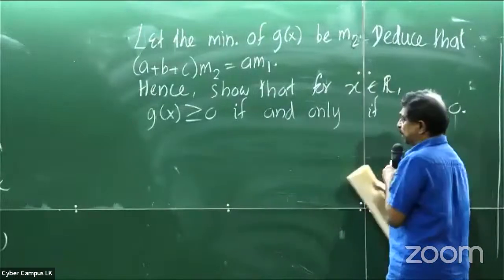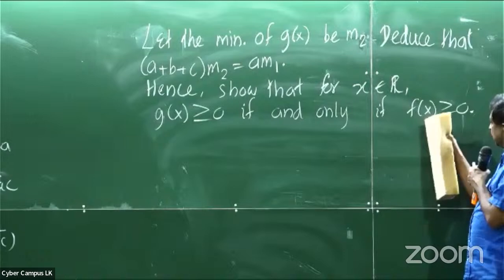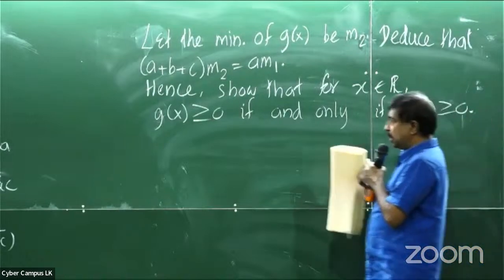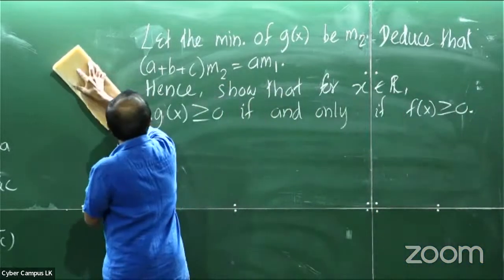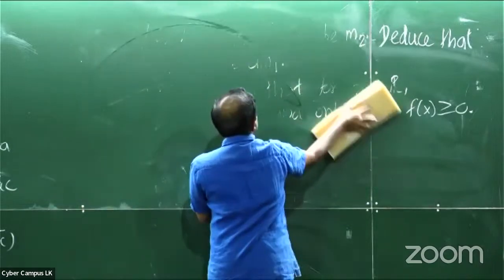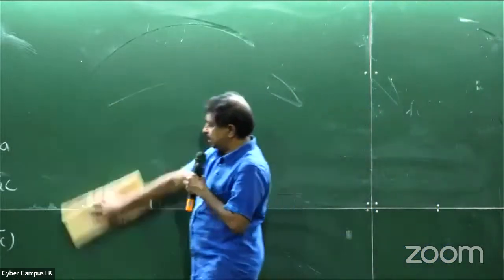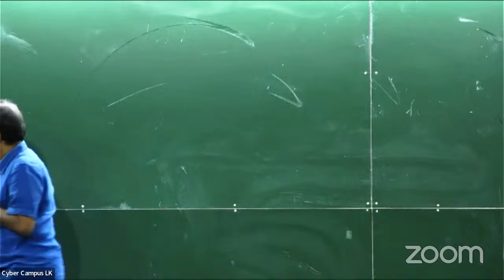This says that for all values of x, gx is greater than or equal to 0 if and only if fx is greater than or equal to 0. Now you have to connect these two.